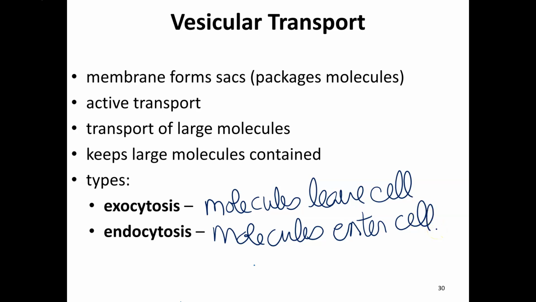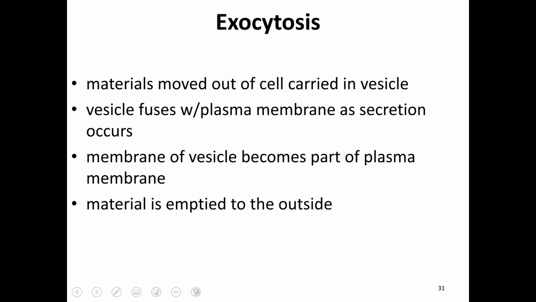So molecules enter the cell in a plasma membrane vesicle. So we're moving molecules into or out of the cell, and the way we do this is the cell membrane itself produces a vesicle. So in either mechanism, the plasma membrane is going to be imperative in producing that vesicle.